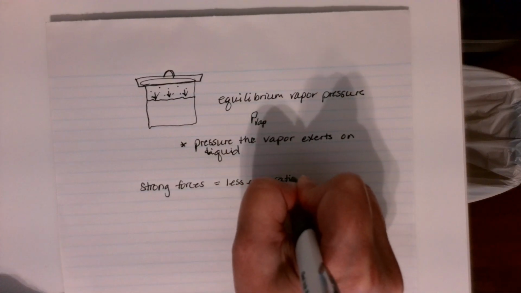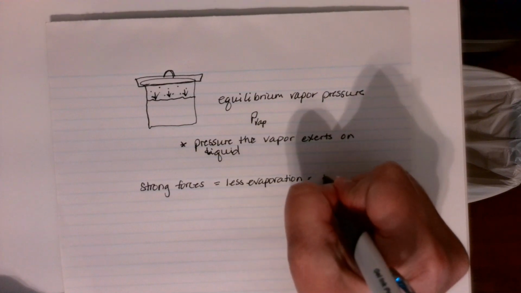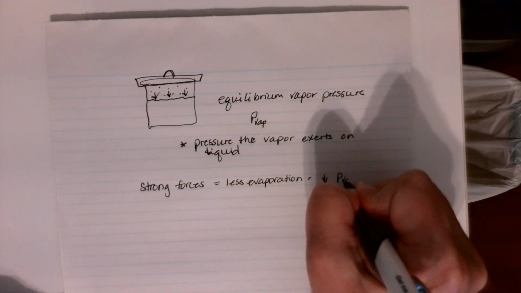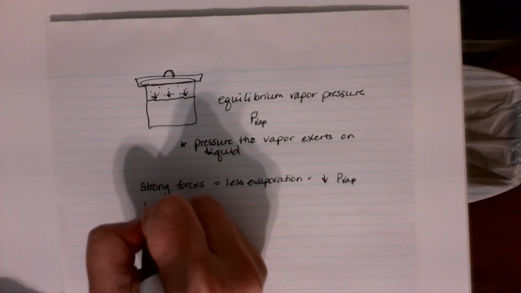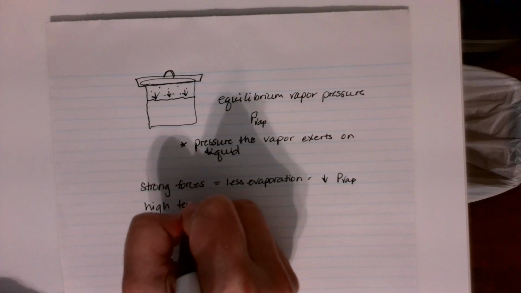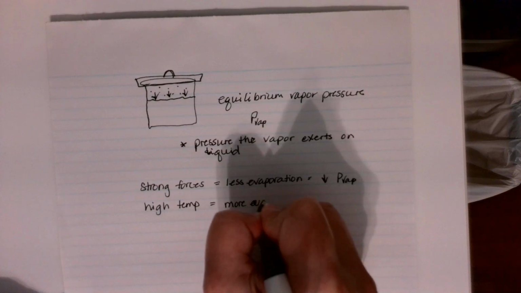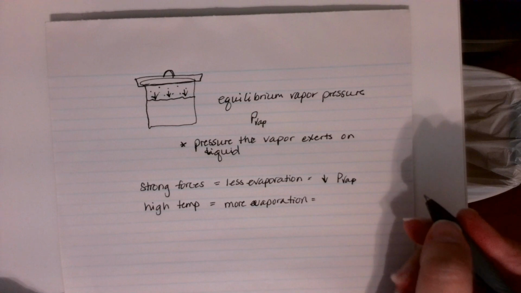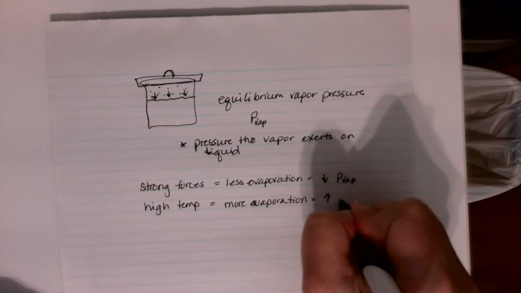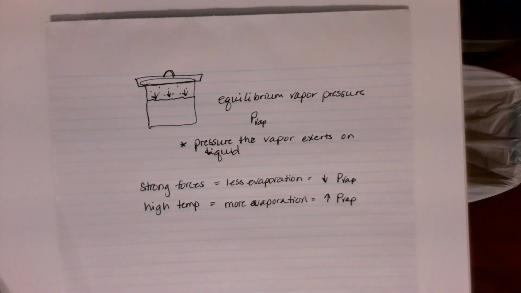So if there's less evaporation, there's going to be less vapor and therefore less vapor pressure. If we have a high temperature, we said that that meant there was going to be more evaporation. And if there's more evaporation, that means there's more vapor and therefore a higher vapor pressure. All right, and that finishes up section 1.